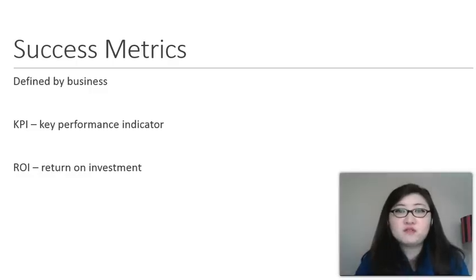In terms of successful metrics, it's really defined by you as the product manager, or the business itself looking into the report, because with each report you're telling a story, right?